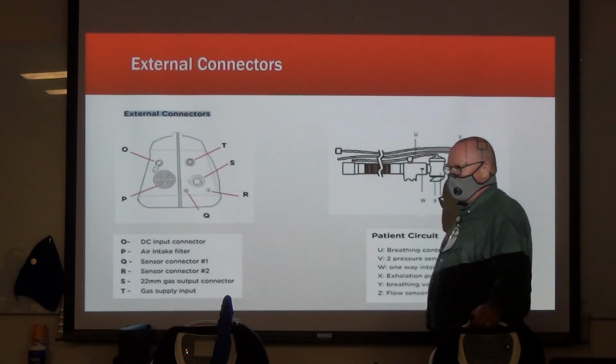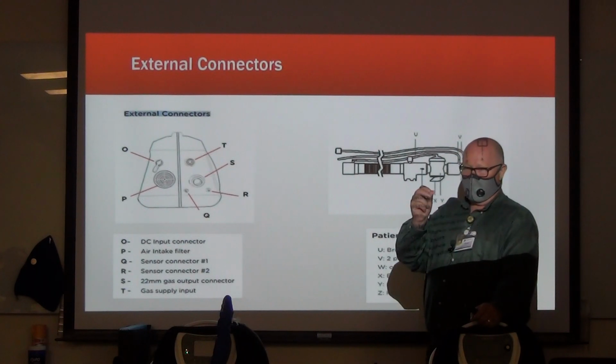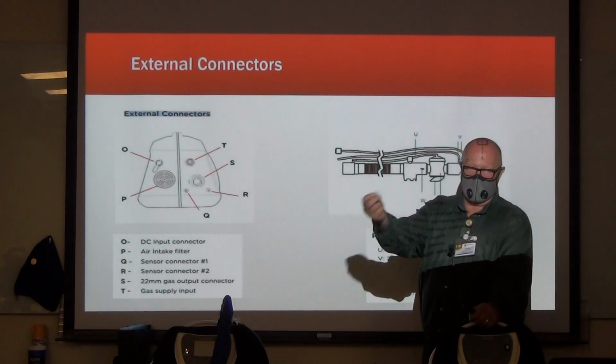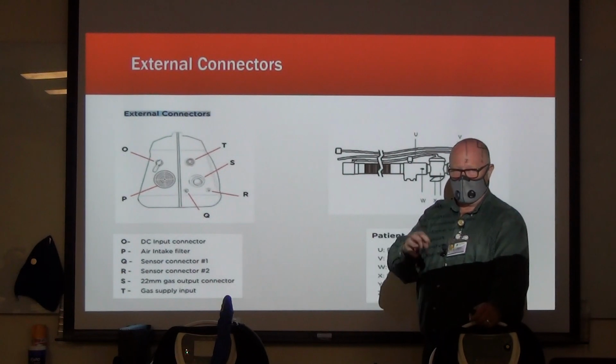So definitely a piece that you'll have to pay attention to. It's a soft rubber, so it just pulls off, and that filter's right there, so it's easy for you to replace.